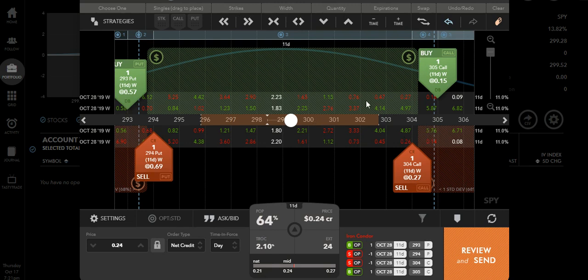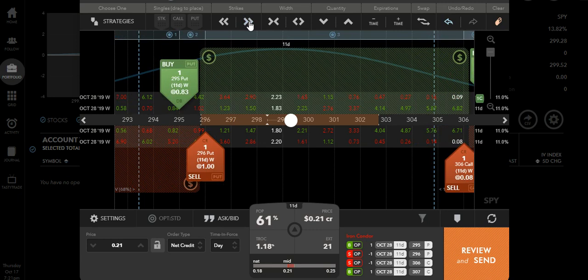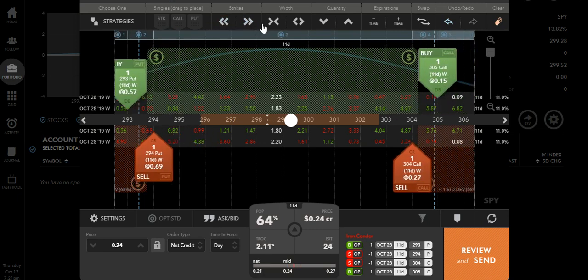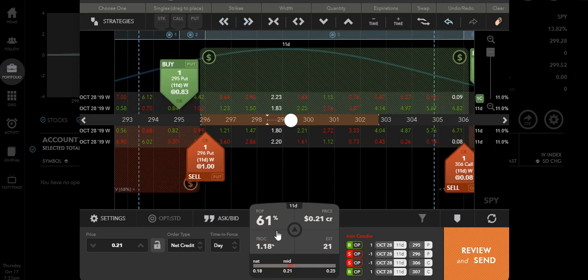Now, this is a pretty neutral play, but you can also set these up to be directional. So say you think the SPY or the S&P 500 is going to go up in the next week, you can just kind of slide this range to the right or to the left. Now you'll see as we go up higher, our probability of profit goes down.